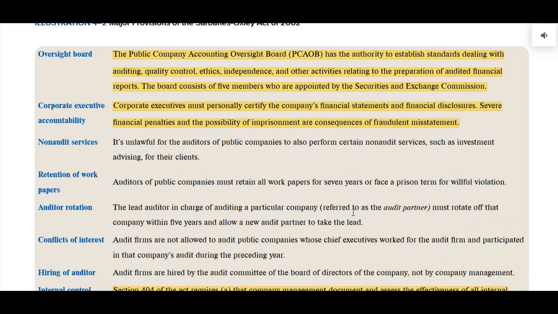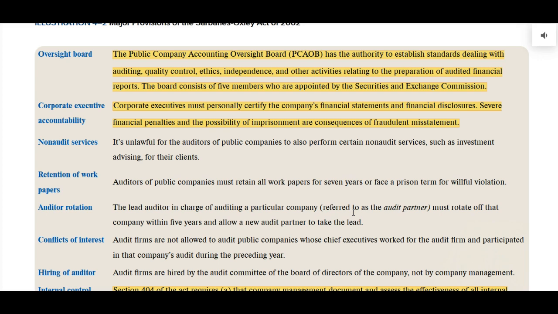The first one is the Public Company Accounting Oversight Board was established. It now has the authority to establish standards dealing with auditing, quality control, ethics, independence, and other activities related to audited financial statements. The board members are appointed by the Securities and Exchange Commission.